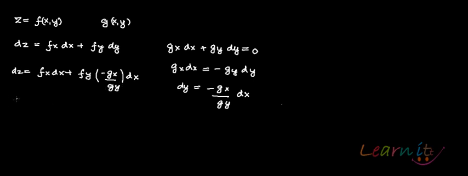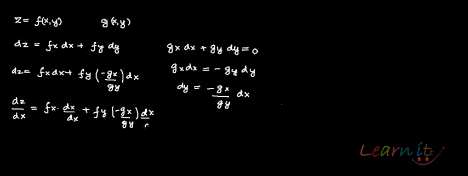So in case I want to write this as dz by dx, this will be fx dx by dx plus fy into minus gx by gy dx by dx.